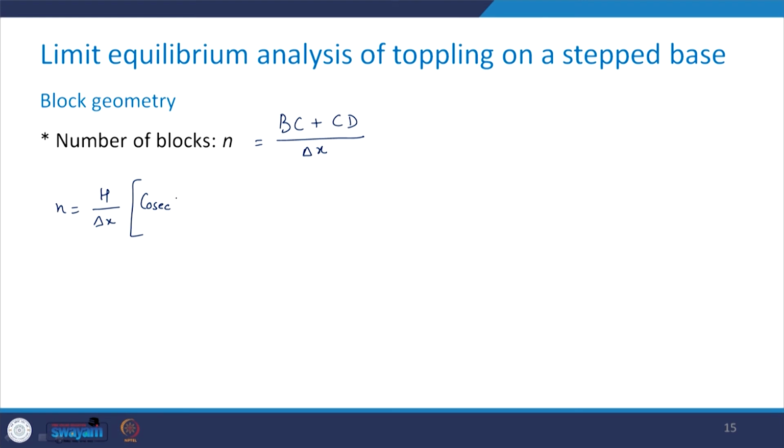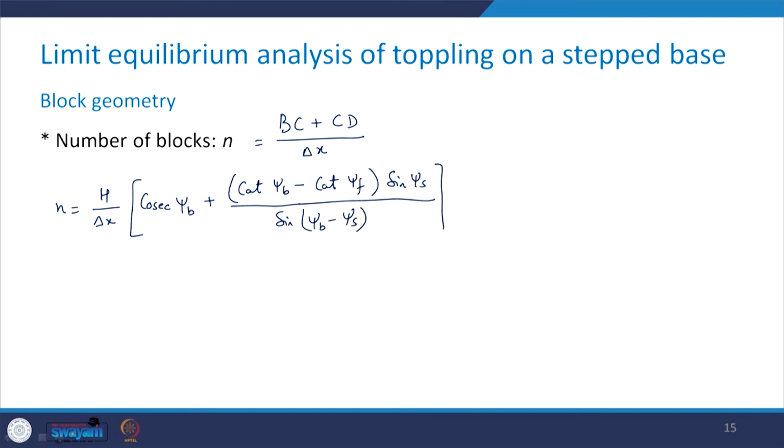So this will be cosec psi b plus cot psi b minus cot psi f, multiplied by sine of psi s divided by sine of psi b minus psi s, and this is what I will write here as equation number 6.